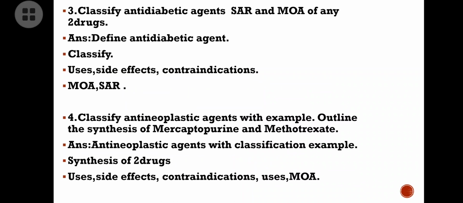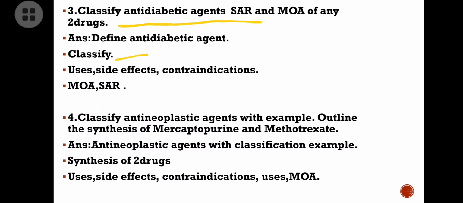Next is here, define and classify anti-diabetic agents, SAR, mechanism of action of any 2 drugs. Here, you have to define the anti-diabetic agent, or they are also called anti-hyperglycemic agents, or oral hypoglycemic agents. Remember these points, all are the same here.